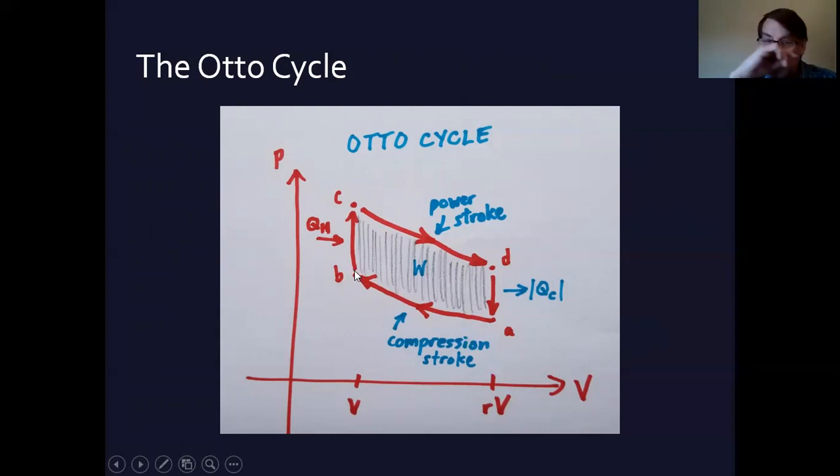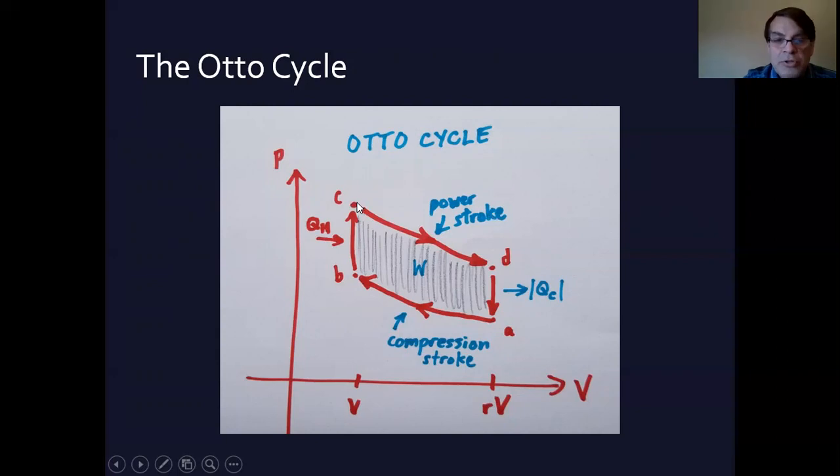Now, in the Otto cycle, when you go from point B in the process to point C in the process, this is where the spark plug ignites, and that adds heat, QH, our old friend QH, right? So heat is added into the system here by the ignition of the spark plug. That causes the power stroke. Bam, right?